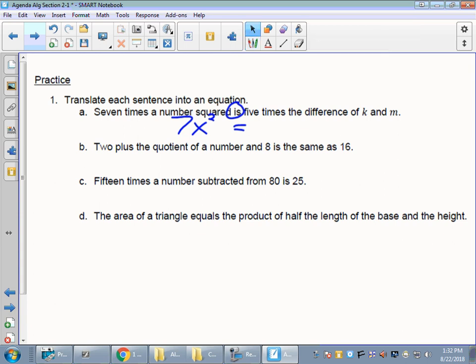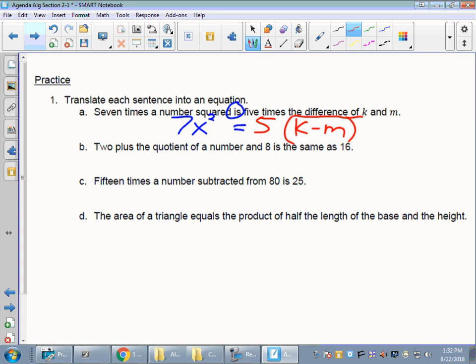The difference of is a clue word for subtraction, but since there are two things going on here, it's also a hint that there are parentheses, the difference of k and m. So that would be k minus m in parentheses, and it's 5 times that difference, so it would be 5 times the quantity k minus m.